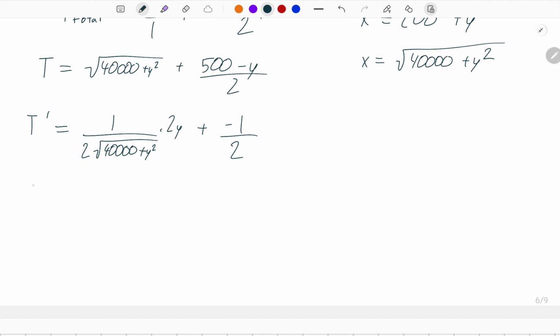So what we're going to have is 0 equal to 1 over the, 2y over that nasty looking square root plus y squared minus 1/2. So let's rearrange, get things looking a little nicer. So the 2's are going to nicely cancel out.